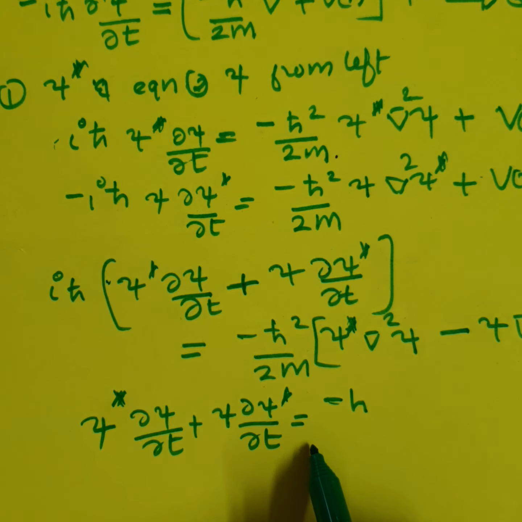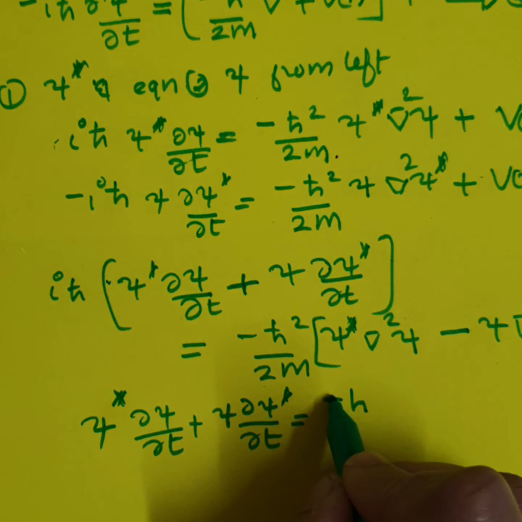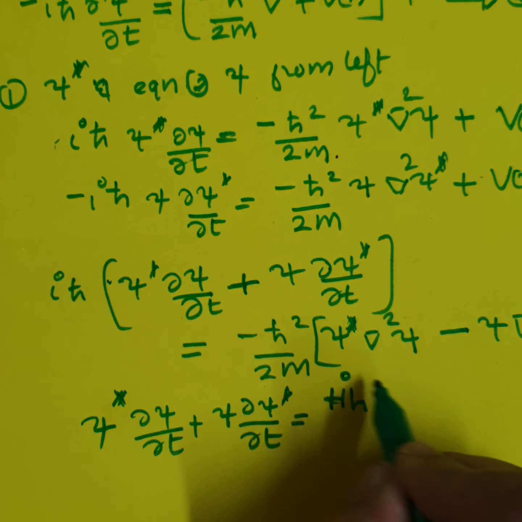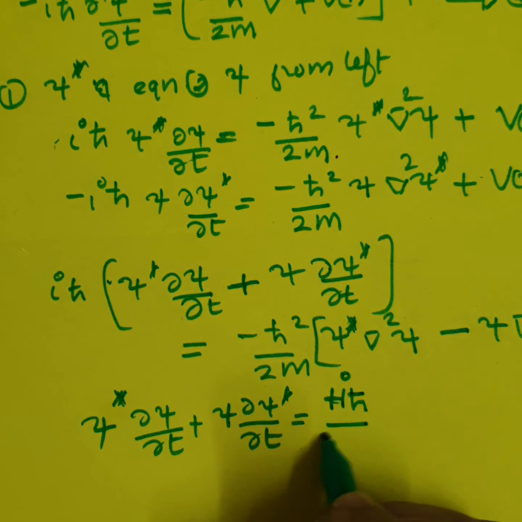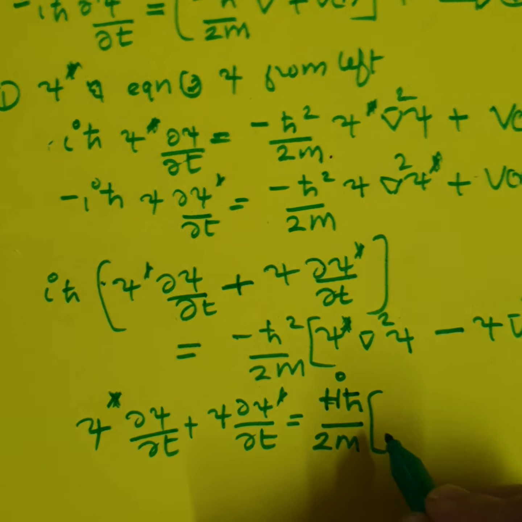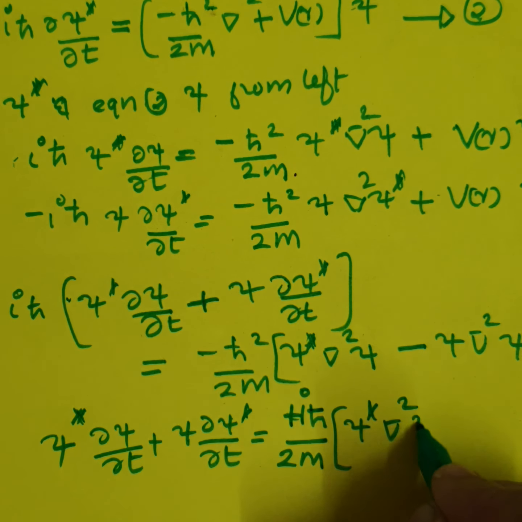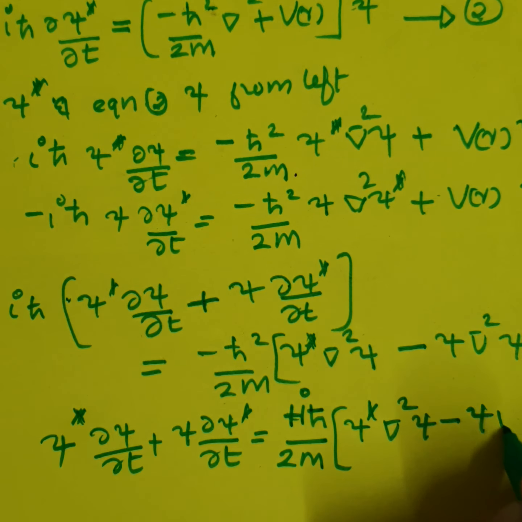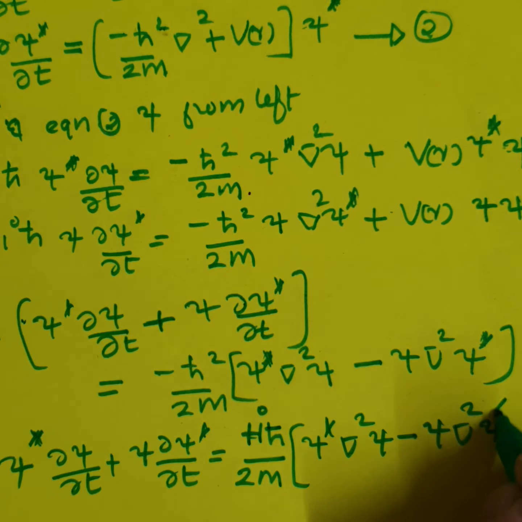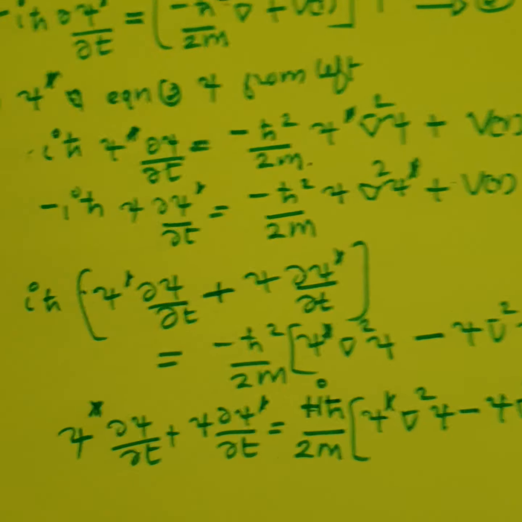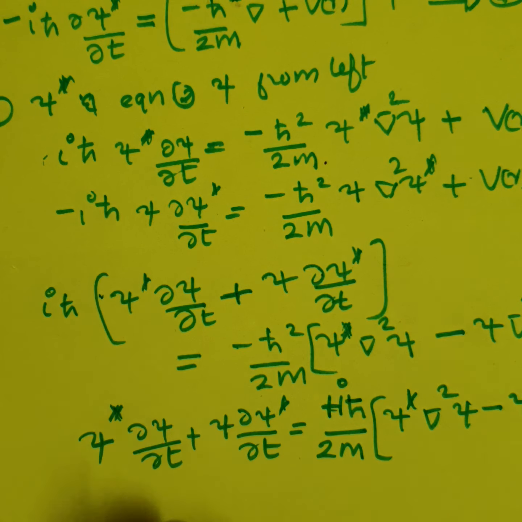So this i goes to the numerator, giving plus iħ², and one ħ cancels, leaving iħ/2m times ψ* ∇²ψ minus ψ ∇²ψ*. This is the equation we get.